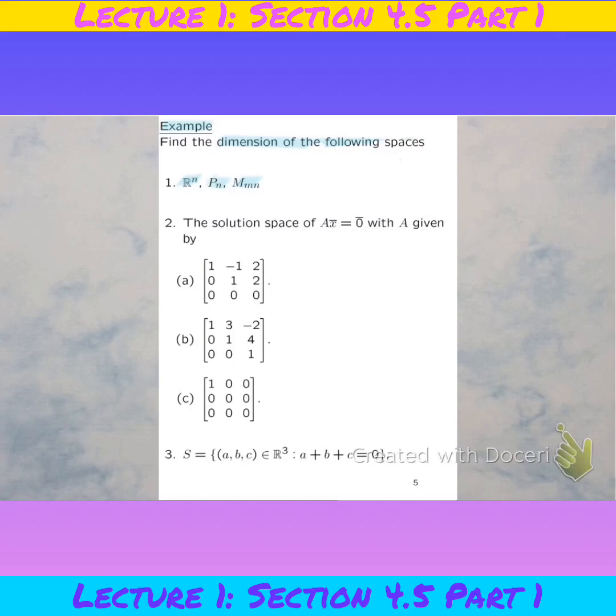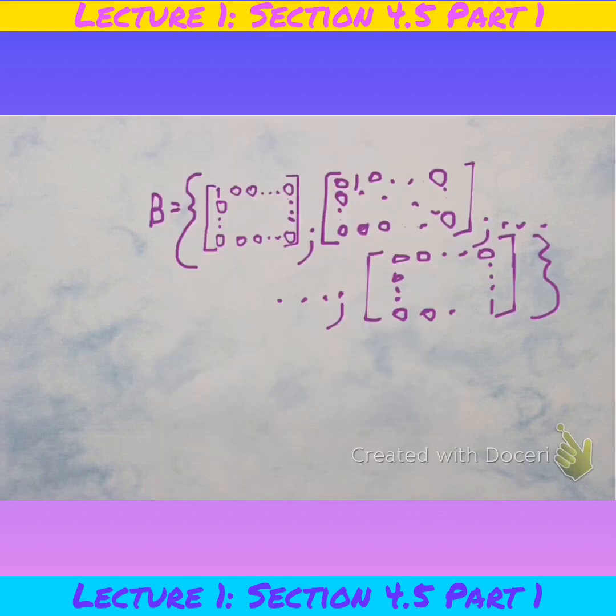It's all m by n matrices. So the standard basis for M subscript mn is pretty much this set here, all the matrices that have a 1 in a particular position and 0 everywhere else.